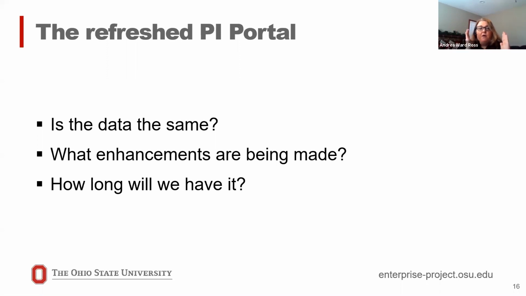So the historical PI portal will remain, and that's where you can find detailed information about your awards. And you can also find detailed information beginning January 1st in the retrofit PI portal. That PI portal will look a lot like the one you have right now, but we do have to change it so that the financial information in Workday format can flow in.